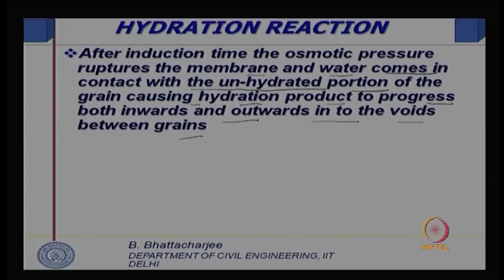So, this osmotic pressure that is higher on the grain side causes rupture of the membrane, and thereby water can enter inside through the membrane to unhydrated cement, and reaction product will be formed inside, while some of it will go outside and get deposited into the vacant space that is available, and also around the outer periphery of the original cement grain itself.